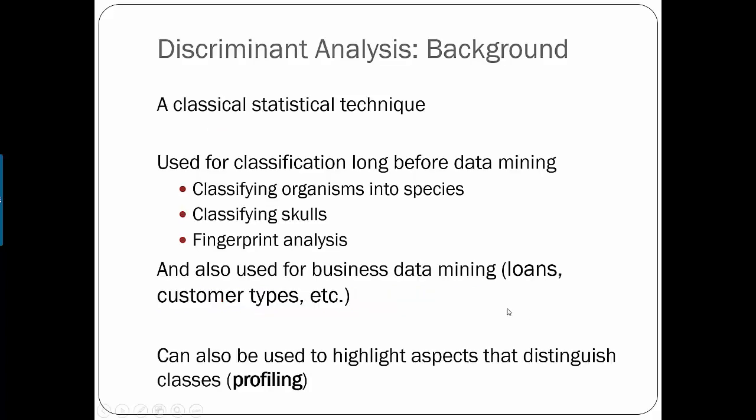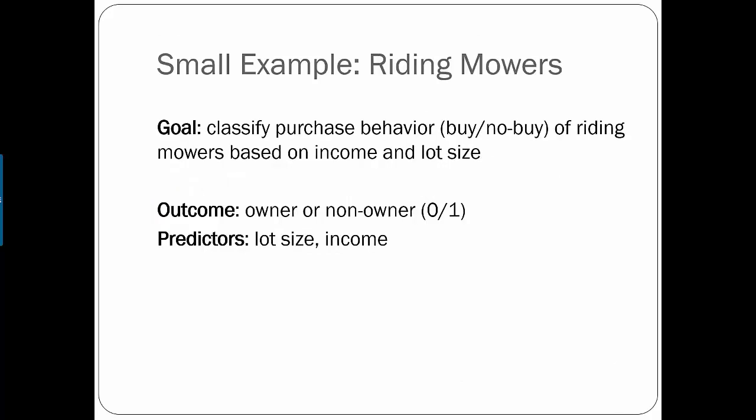It has been used as a classical statistical technique as well as a data mining technique, and it can also be used for classifying observations into groups, or what is called profiling. So you have clusters of observations having similar characteristics. So let's take a small example to illustrate the concepts.